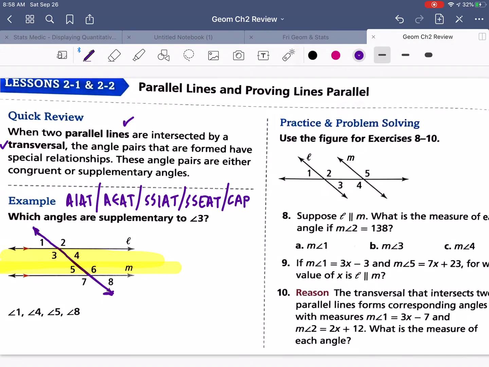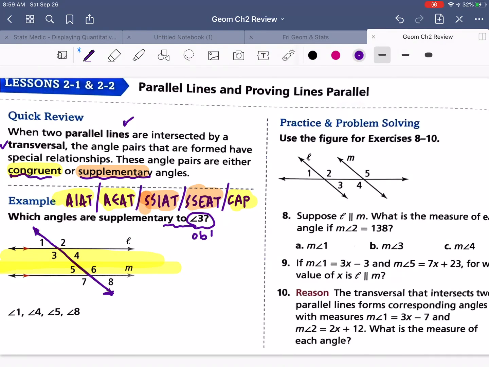Okay. So we talked about these angle pairs are either congruent or supplementary. I'm going to highlight the congruent ones are the ones that don't start with an S, and the supplementary ones are the ones that start with an S. Okay. So it says which angles are supplementary to angle 2?